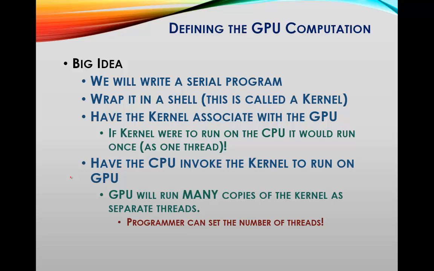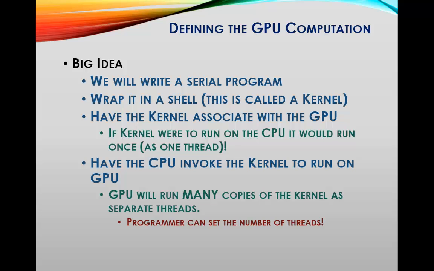So what is the big idea in defining your GPU computation, and how should you run this program? What is essentially the big picture? What is happening in your program? How should your GPU computation program be modeled? And this is basically the idea.